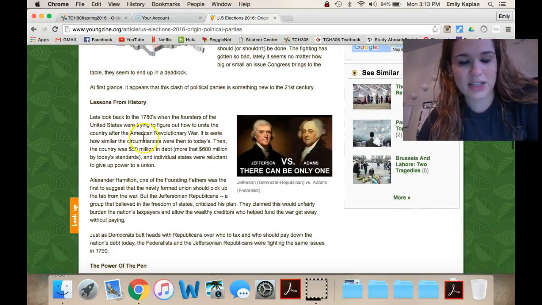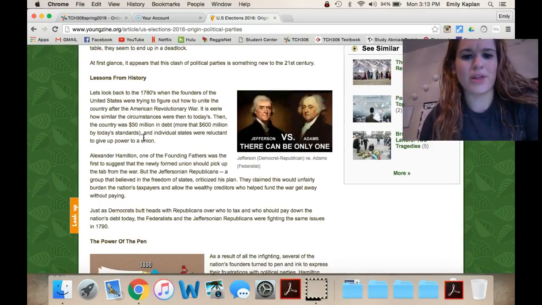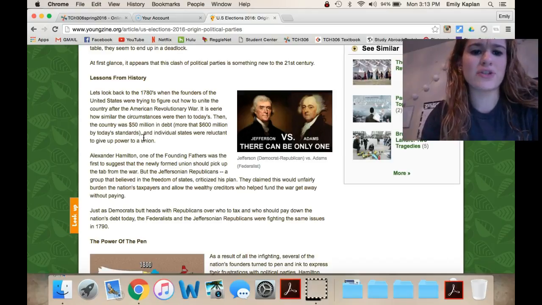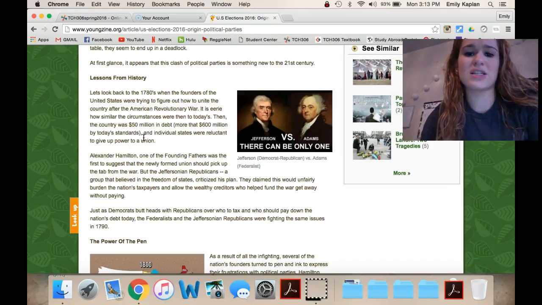It goes on to say Alexander Hamilton, one of the founding fathers, was the first to suggest that the newly formed Union should pick up the tab from the war. But the Jeffersonian Republicans, a group that believed in the freedom of states, criticized his plan. They claimed this would unfairly burden the nation's taxpayers and allow the wealthy creditors who helped fund the war get away without paying.